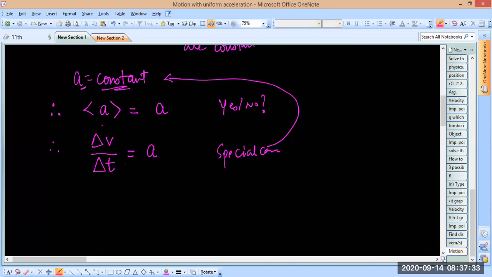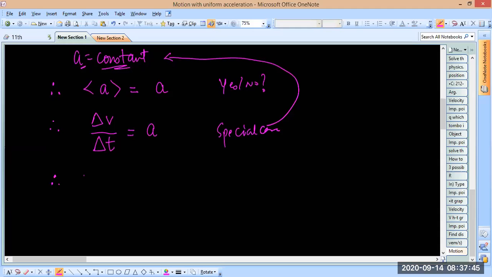We have put this value and this comes directly. Based on this, I can write V2 minus V1 upon t2 minus t1, correct?